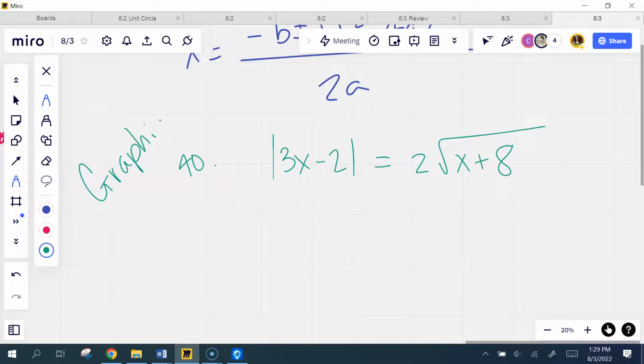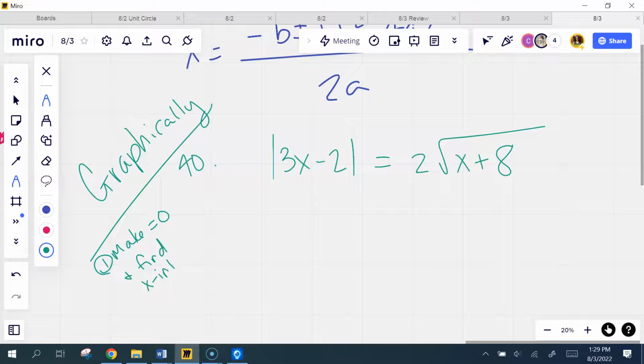So two ways to solve graphically. And we talked about this in Algebra 2, so I hope you remember some. How do you solve equations graphically? Find the zeros. You're exactly right. The first way would be to make it equal 0 and find the x-intercepts. That can be done on my calculator very, very easily.